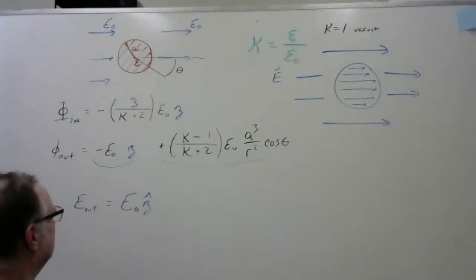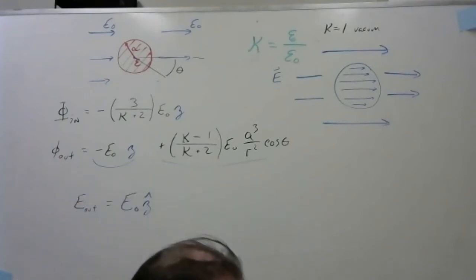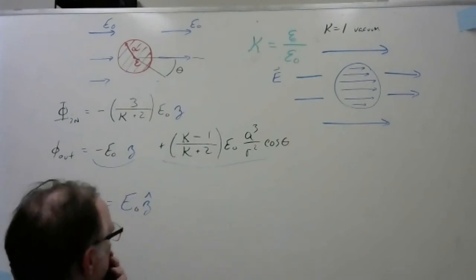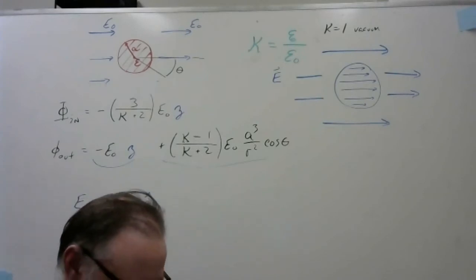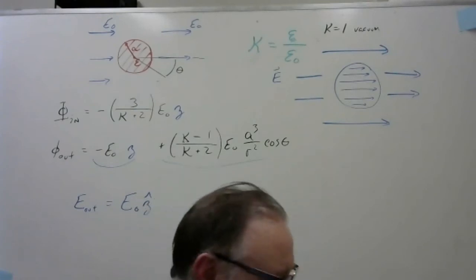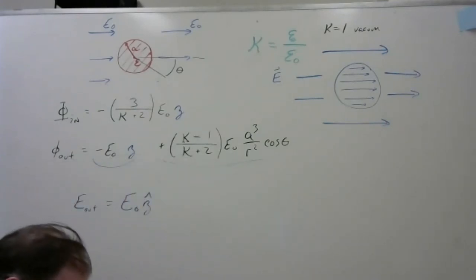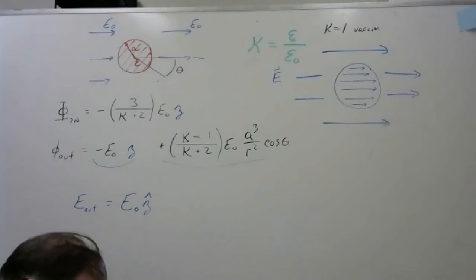Now let's figure out what happens to this thing. This thing's a little tricky because we want to see what the electric field looks like outside. Well, what does the potential look like? Wait a minute. If we go back, we've seen potentials with cos thetas over r squares, right?